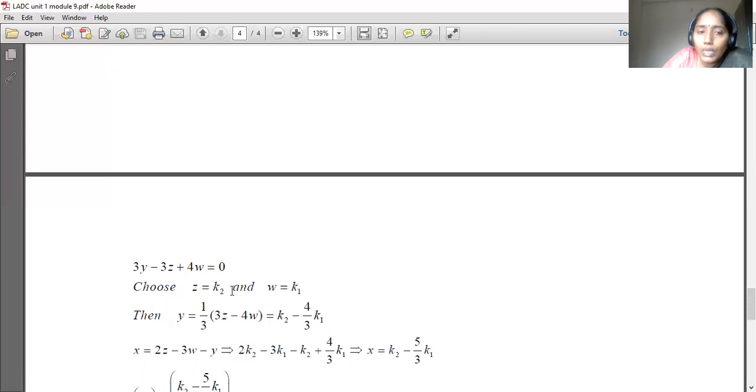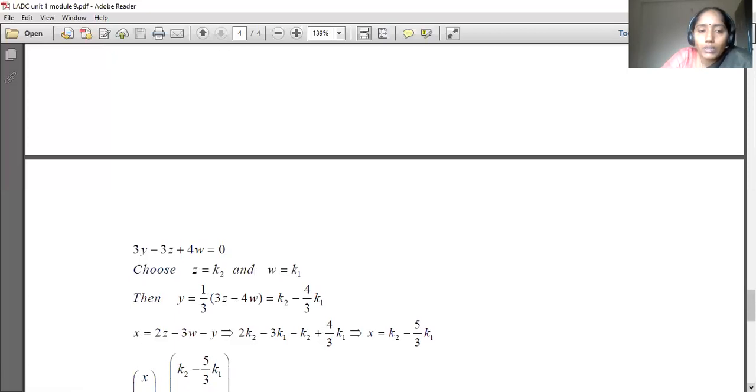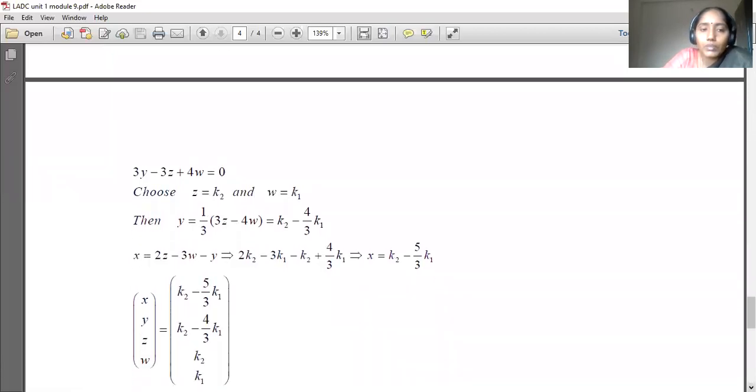Now using those arbitrary values, find the y value, y in terms of k1 and k2. Now substitute y, w and z in the x equation, then you will get x in terms of k1, k2. Now you will get x, y, z values in terms of these.